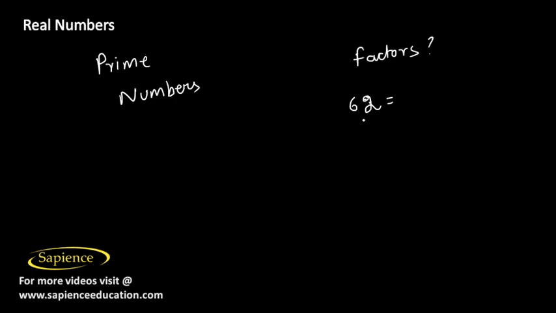Now let us talk about prime numbers. Before talking about prime numbers, I've been using this word factors a lot. So what are factors? Any number, for example, we'll take 62, can be expressed in terms of its factors.